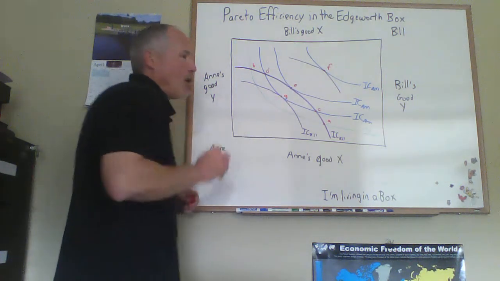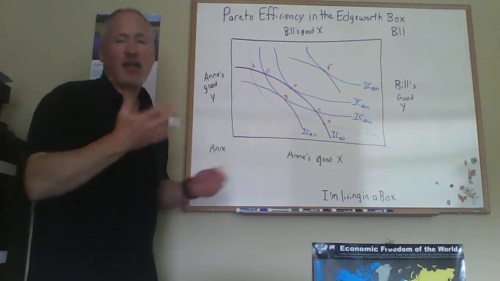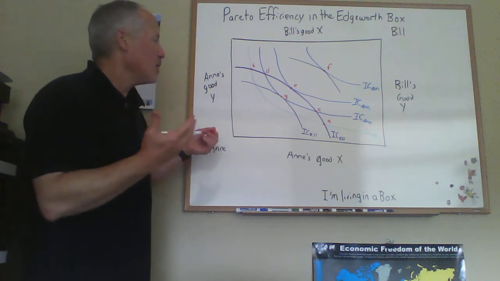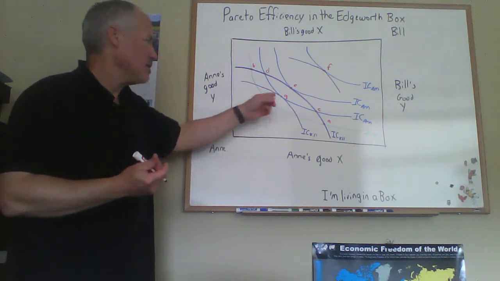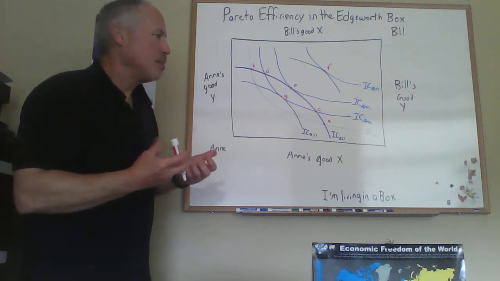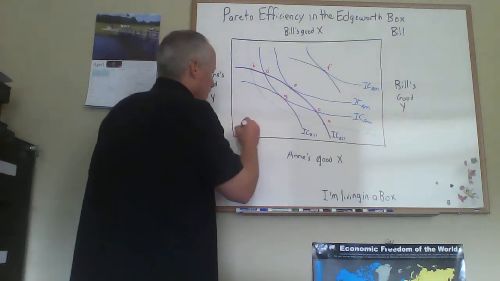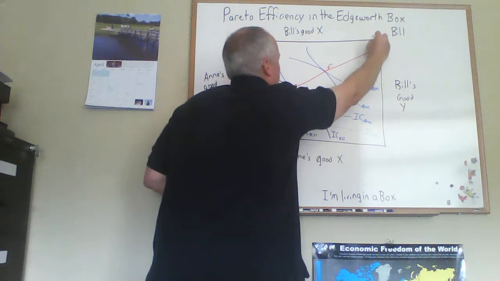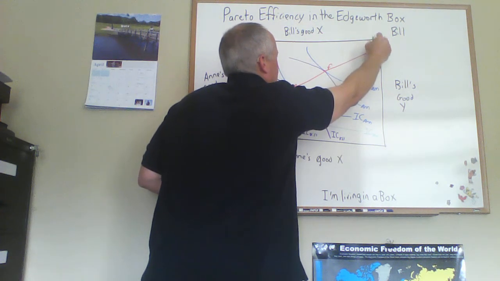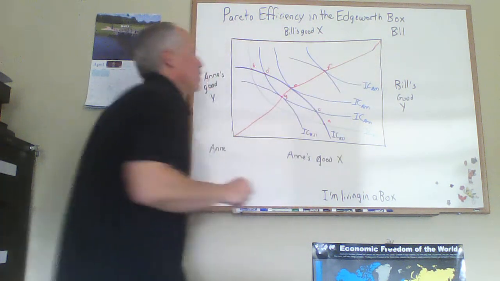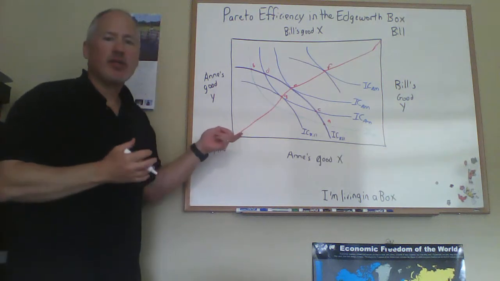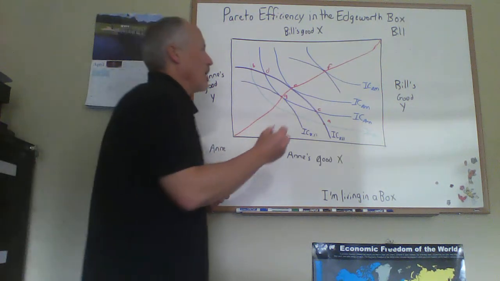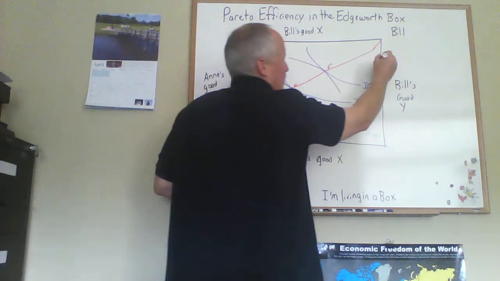Actually, there's an infinite number. If we connect all of these Pareto optimal points, we get a curve that goes through here. Oops, it's supposed to be hitting that origin up there. Now it would look like this, and this would be the curve showing all of the different Pareto optimal points in the box.